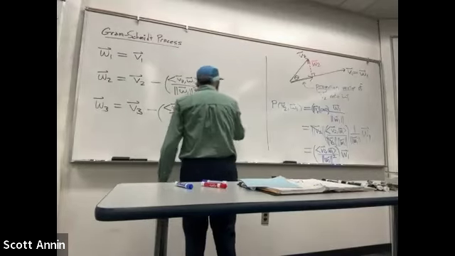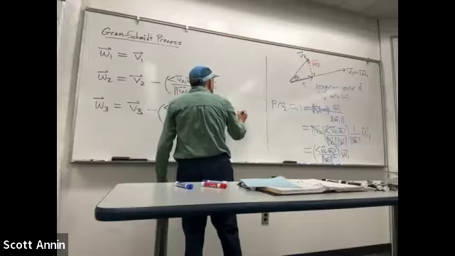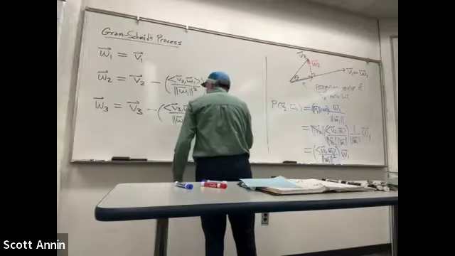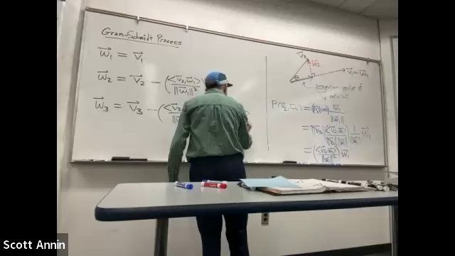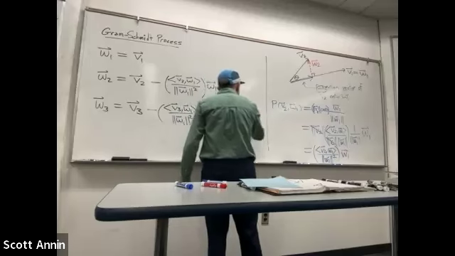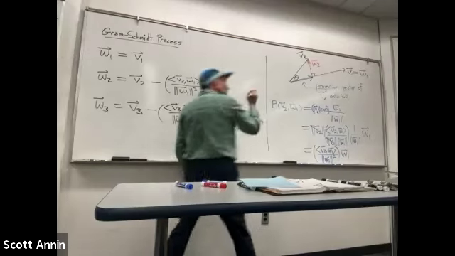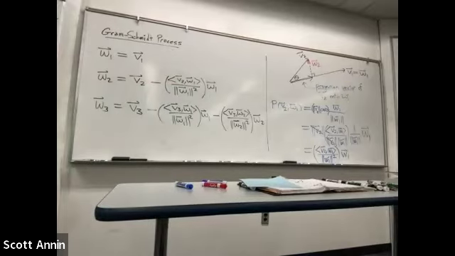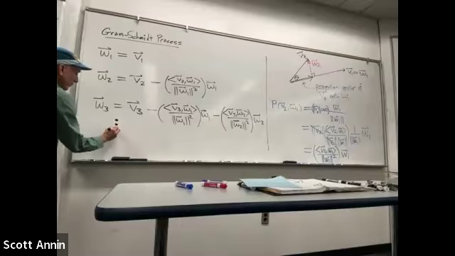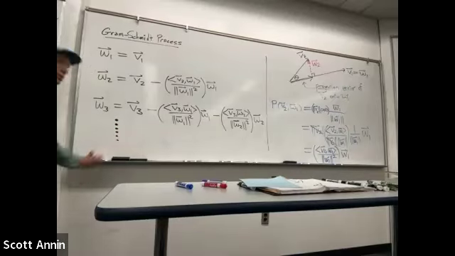So then you also subtract the inner product of V3 with W2 divided by the norm of W2 squared, times W2. And of course, this could keep going for however many vectors you had.